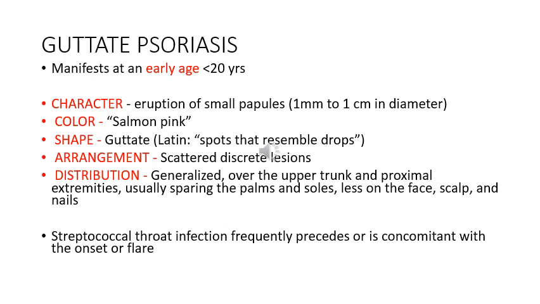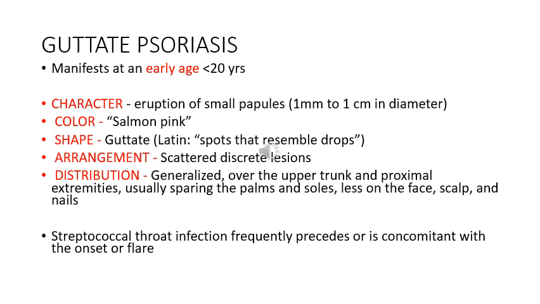The arrangement is scattered and discrete, separate, well-defined lesions. Distribution is generalized, seen all over the body, especially over the upper trunk and the proximal extremities, usually sparing the palms and soles. It is less on the face, scalp and nails. So it is more in the trunk and proximal extremities.